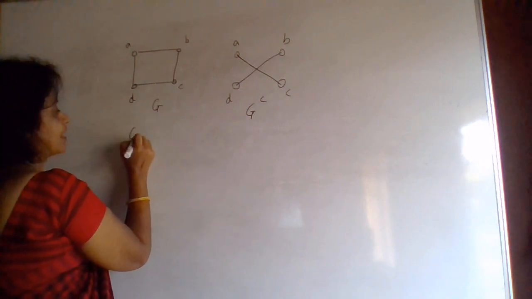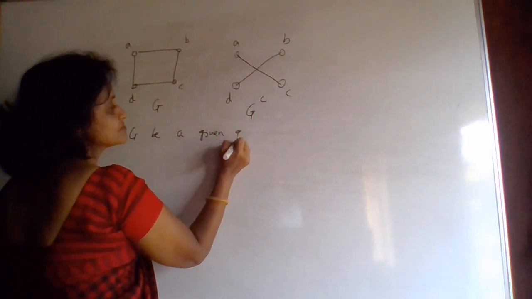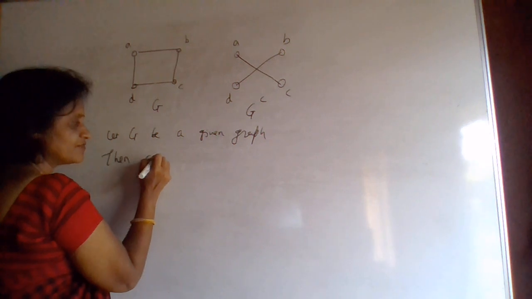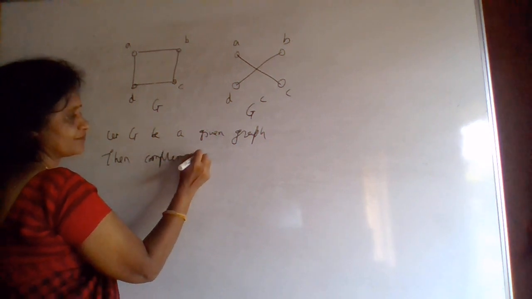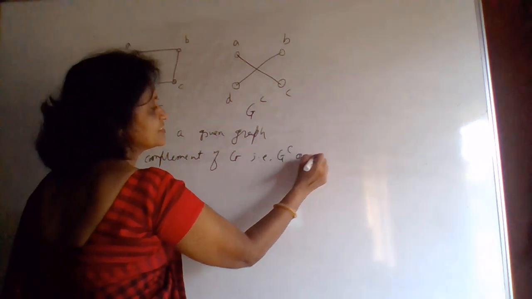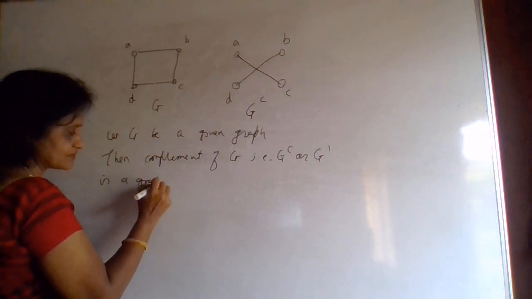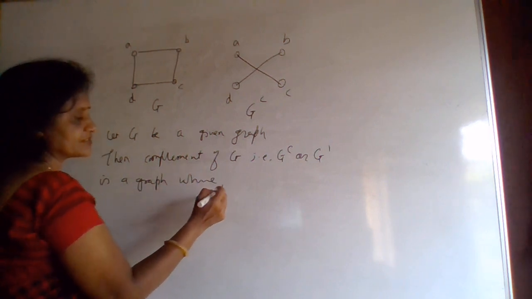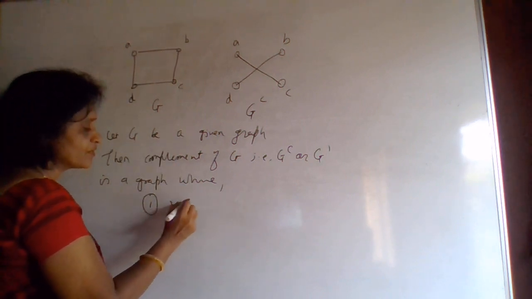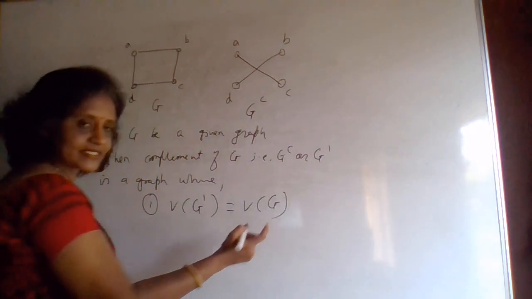So let G be a given graph, then the complement of G, that is G complement or G dash, is a graph where we have to define the vertex set as well as the edge set. So first I have the vertex set of G dash. You can see it is the same as the vertex set of G.